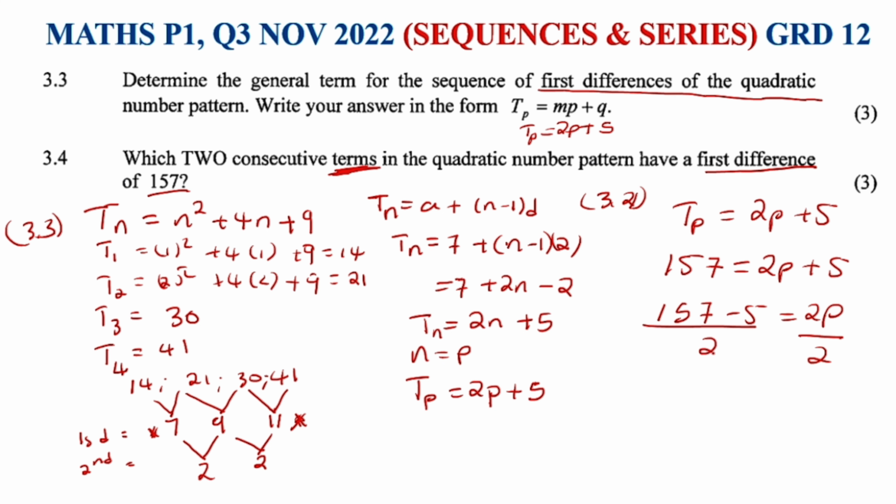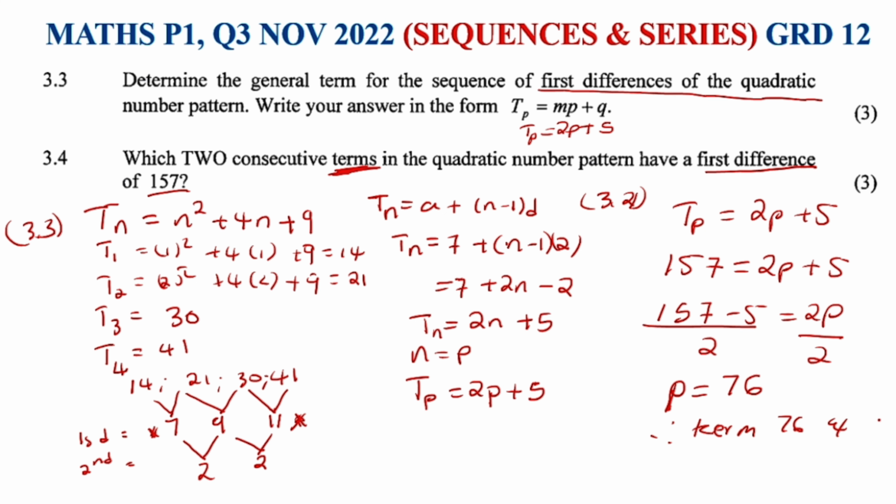P should be equal to, let's put this in our calculator, 157 minus 5 divided by 2. It's giving me 76. Therefore, once you get the 76, you can add 1 to that. Therefore the two consecutive terms are term 76 and 77.